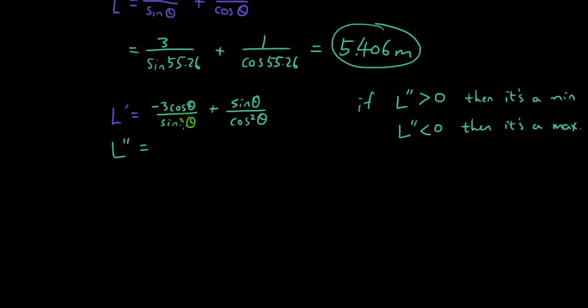So let's find the second derivative using the quotient rule again. I'm going to skip all the algebra stuff because you're probably falling asleep now. Let's write out the quotient rule again.